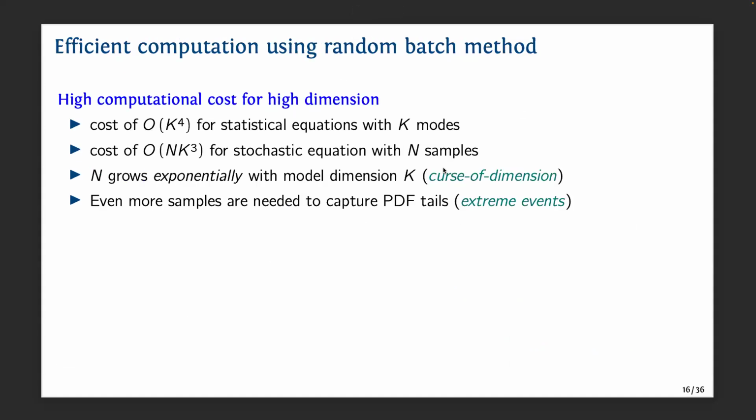This is the summary of this idea. Previously, in the variance equation, the R had dimension k squared, and for each update there are k squared operations, right? So that's k to the 4th computation, and the ensemble simulation requires n times all these operations. This is usually a huge number of operations.